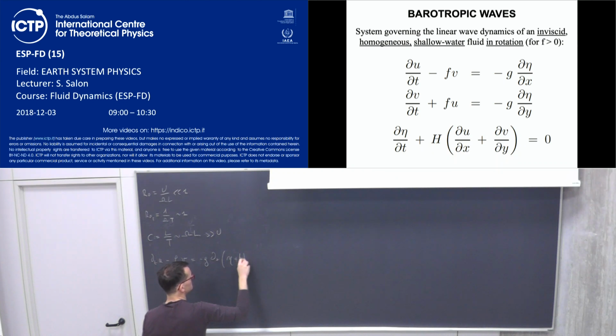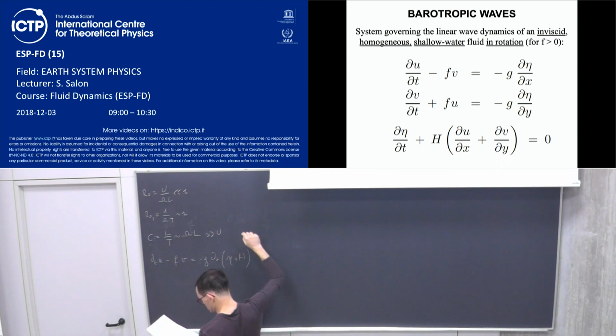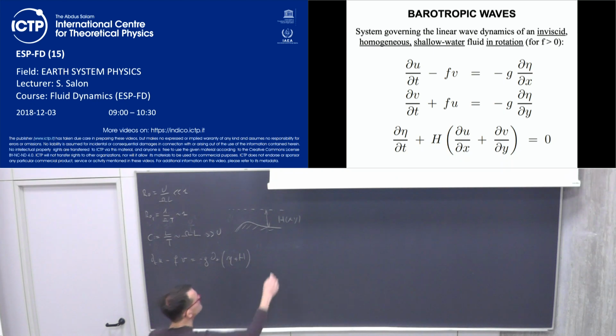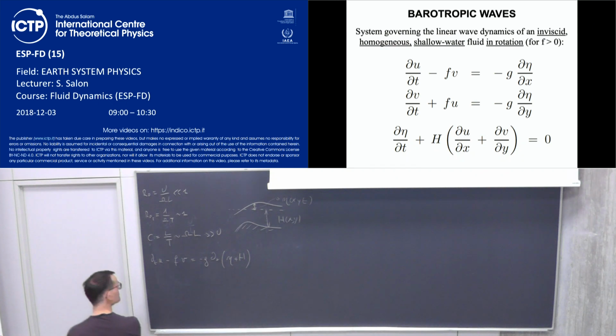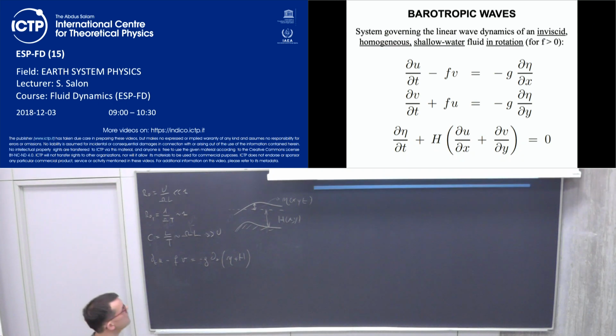So now we have a situation where, for example, we have the bottom, then we have capital H(x,y), which is the bathymetry, and then we have also the variation of the surface.